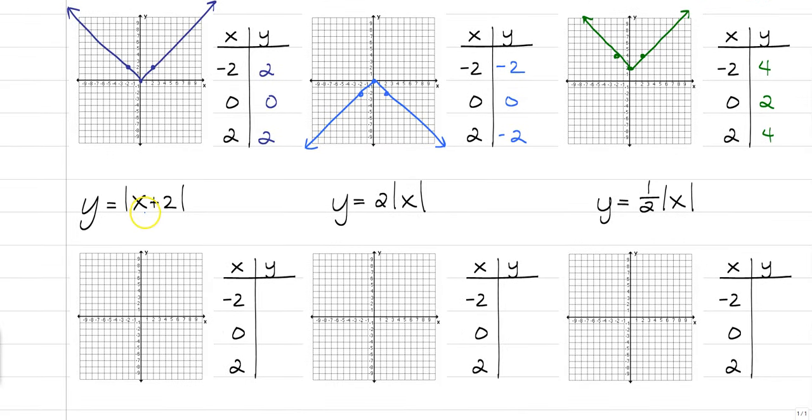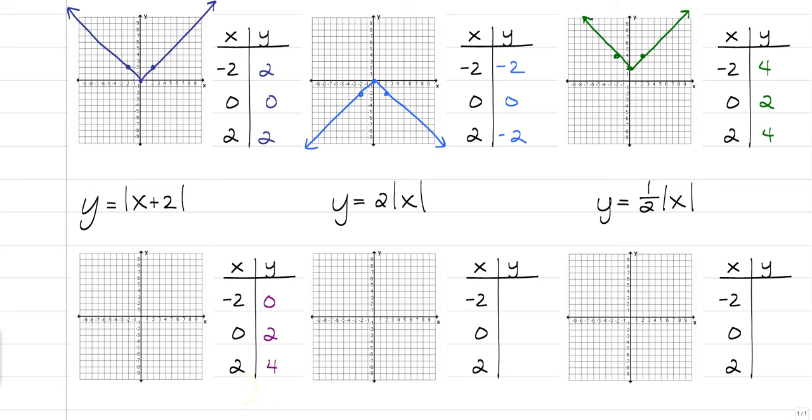What happens if we put a plus or a minus 2 on the inside of the absolute value? Well, that's going to be negative 2 plus 2 is 0, and the absolute value is 0. 0 plus 2 is 2, the absolute value of 2 is 2. And 2 plus 2 is 4, and the absolute value of 4 is 4.